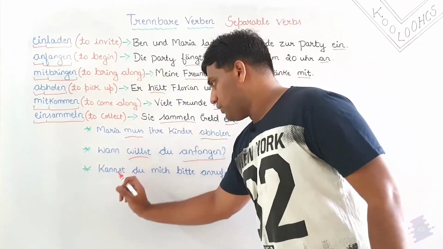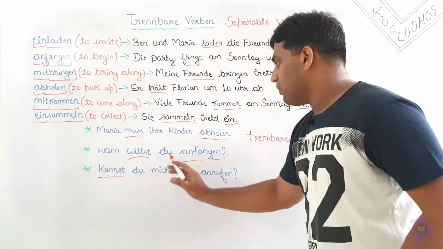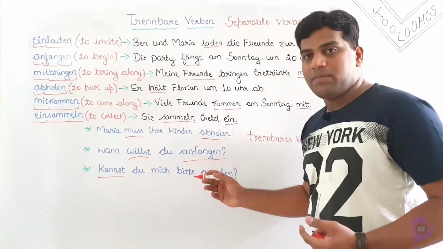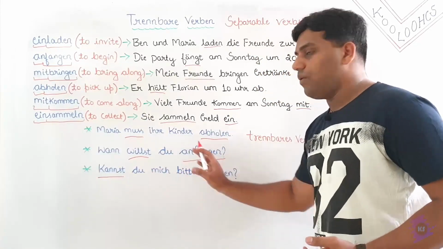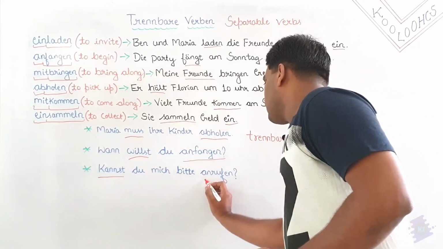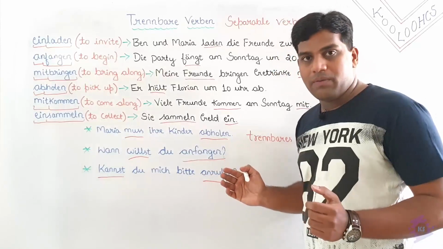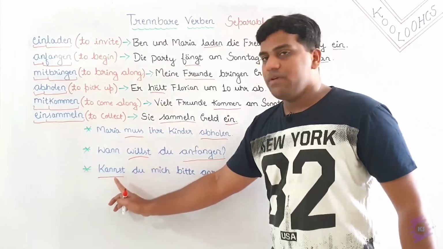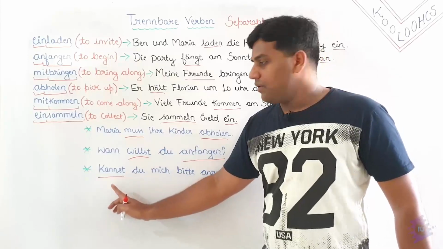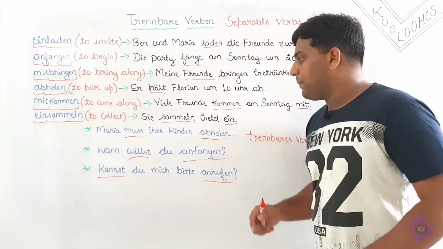It takes the first position because this is a yes or no question. Kannst du mich, that is me, bitte anrufen? Bitte means please. Can you please call me? To call means anrufen. Anrufen means to call. It is a separable verb. The whole separable verb I am keeping in the end because I am using a modal verb in the beginning. So I only have to conjugate the modal verb and keep the separable verb in the end.